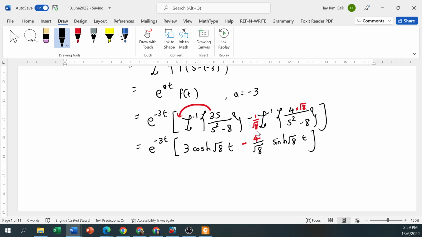You may simplify or leave it in this form. e to the negative 3t times 3 cosh root 8 t, where root 8 is 2 root 2. So 4 over root 8 is 4 over 2 root 2. To eliminate the root 2 at the denominator, I multiply and divide by root 2, and root 8 is 2 root 2 t.